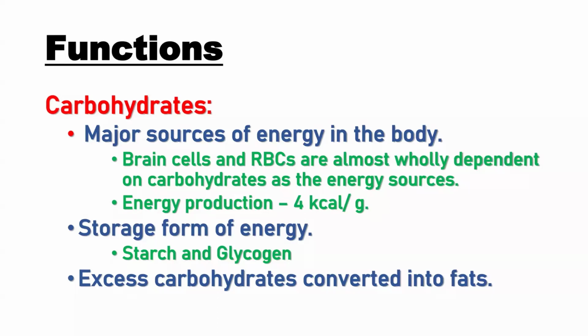The starch will be stored in plants until you need the carbohydrates, then you start mobilizing it. It also applies to glycogen. Glycogen is a storage form of sugar in our body.